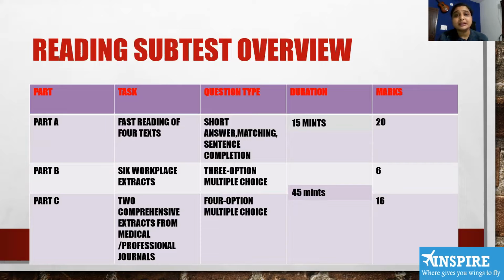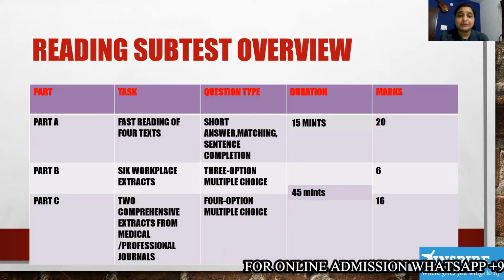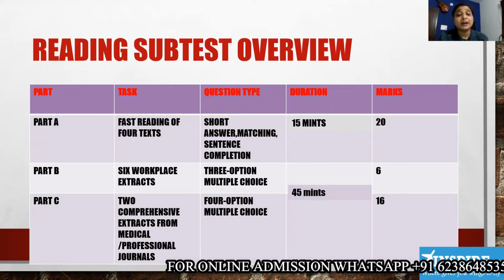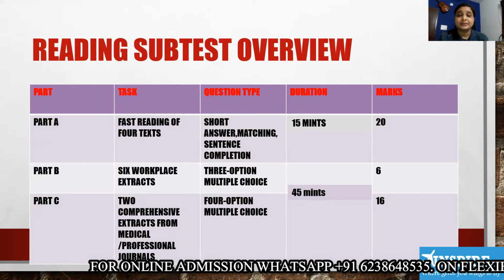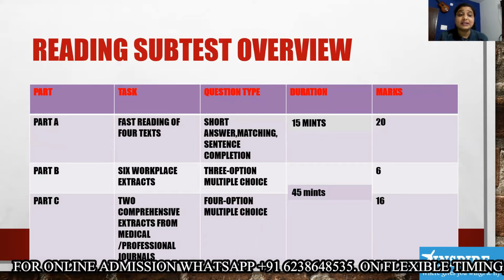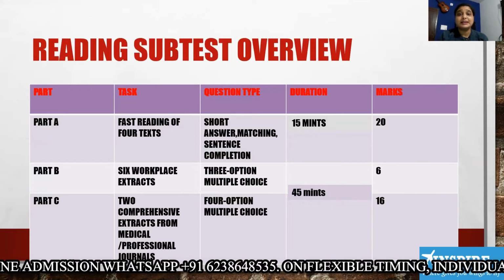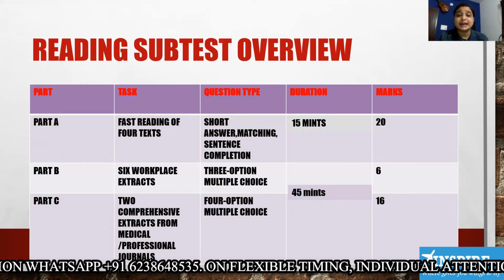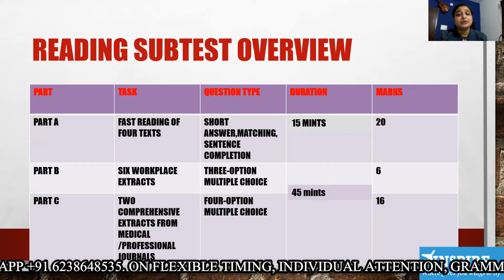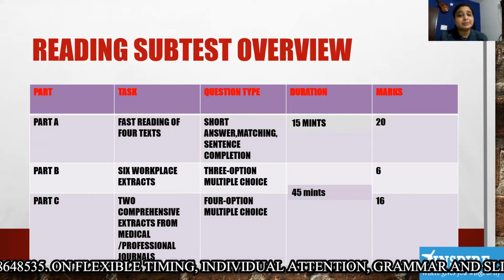After these 15 minutes, they will take your paper back and provide the remaining 45 minutes for Part B and Part C. In Part B, the task given to you is six workplace extracts. Six questions are given, and the question type is only three-option multiple choice.